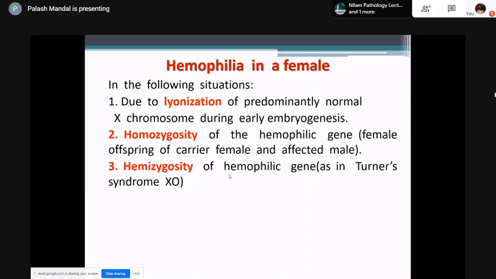That is why females are called mosaics, because all the cells do not have the same expressivity, as one X chromosome comes from the father and one from the mother. So which X chromosome will be expressed is not known.